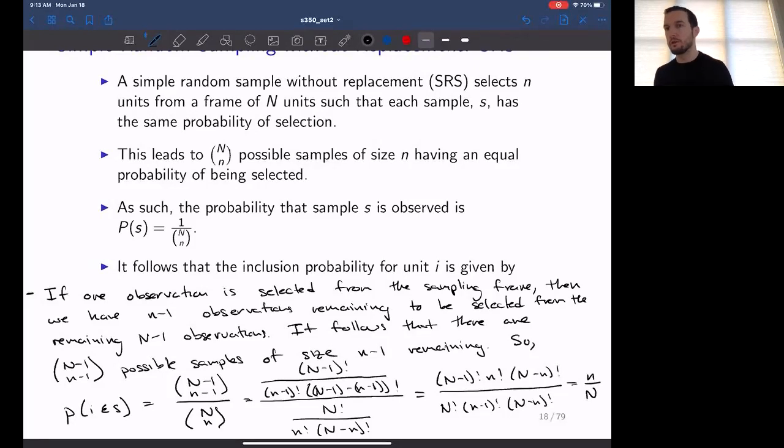So this is our inclusion probability for each observation when we use SRS. Does anyone have any questions?